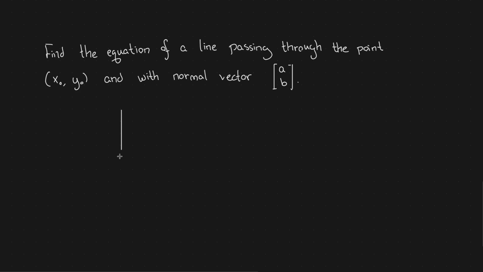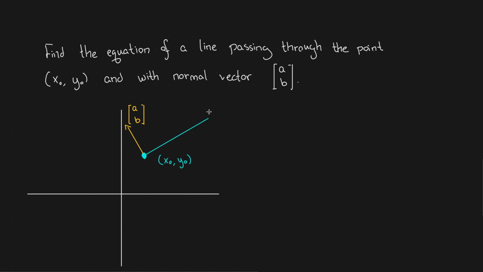Okay, so let's think about this. So say x naught, y naught is maybe here. Okay, and maybe vector A, B points this way here. Maybe that's our normal vector, which means our line would be like this.